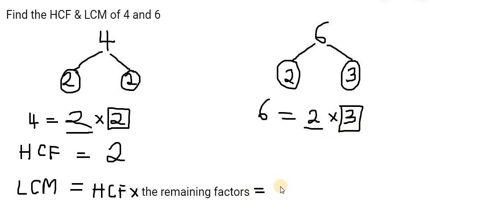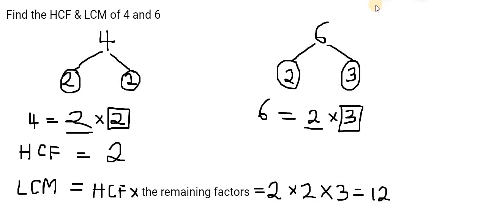So that ends up being the HCF, which I found is 2, times the remaining numbers in the factor column, which I didn't touch. That's 2 and 3. So 2 times 2 times 3 is 2 times 2, 4. 4 times 3, 12. Okay? That's one way to find the LCM.